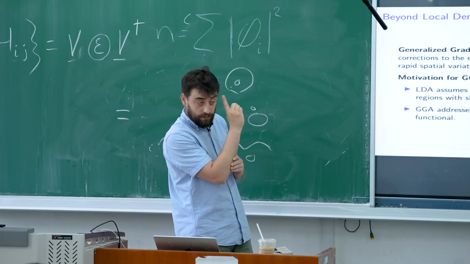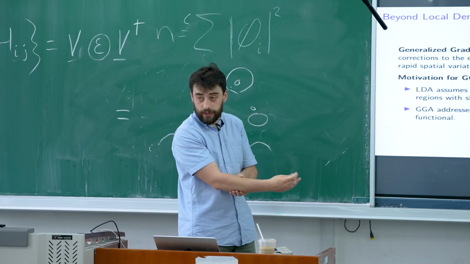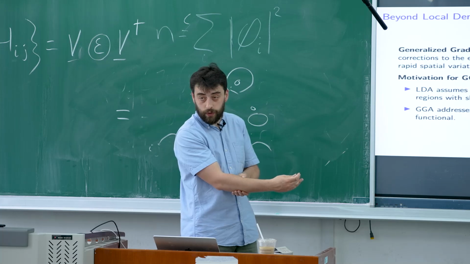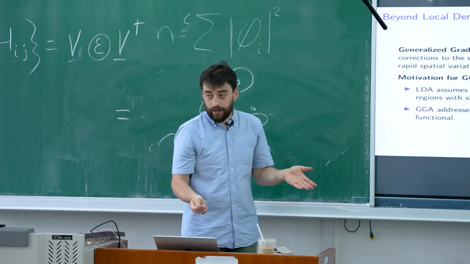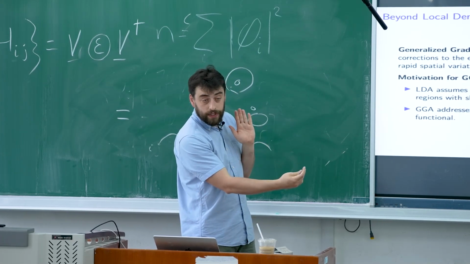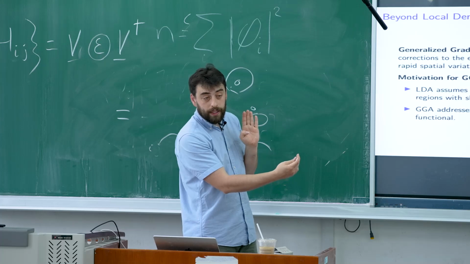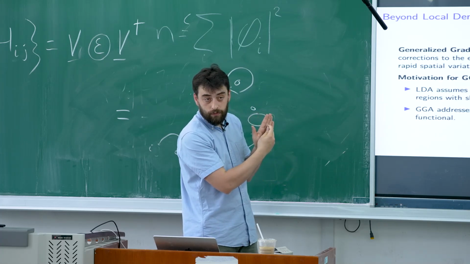If you take the Taylor expansion and truncate after the first term, what you expect from basic mathematics is that your approximation to the function will be poor if your function varies fast.